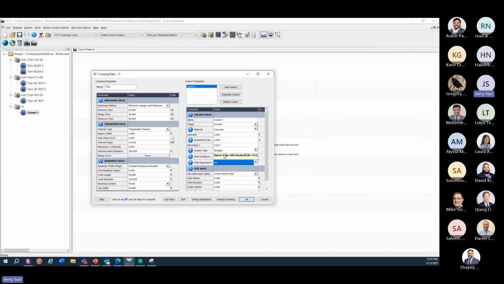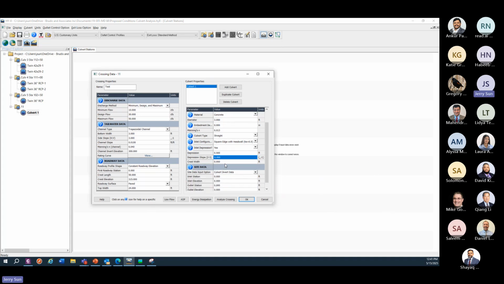But if you embed here, they call it the depression. For this one we use 0.5, right? The slope is the same, and the crest really doesn't matter.